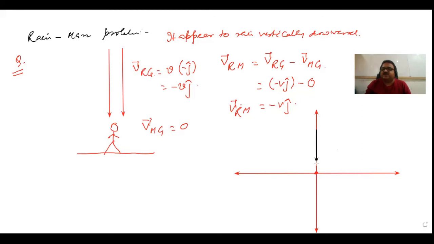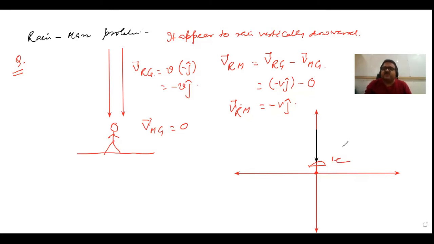So obviously, in order to protect himself, in which direction should he open his umbrella? This direction, correct? In vertically upward direction, towards the positive y-axis. It's simple and clear. So this is the way of solving problems related to the Rain Man.